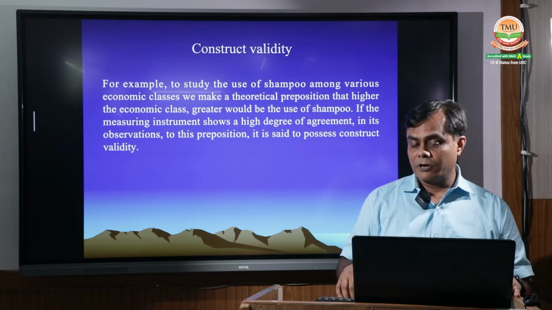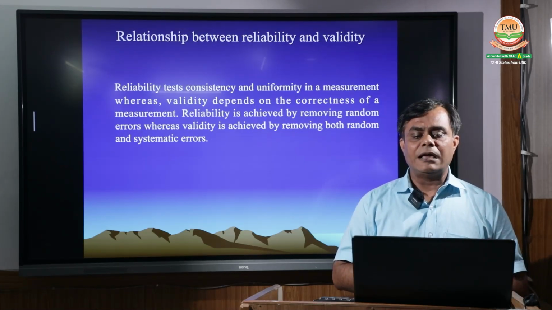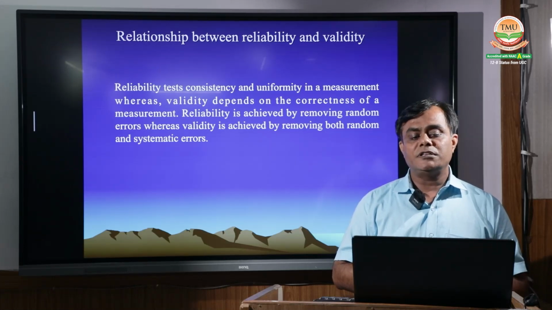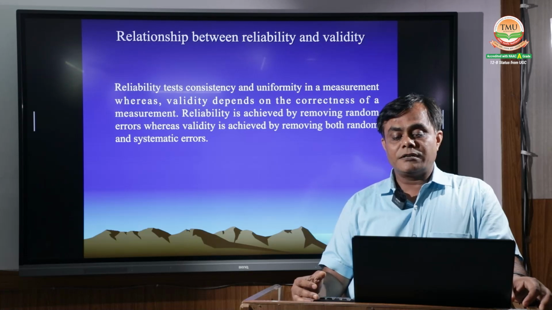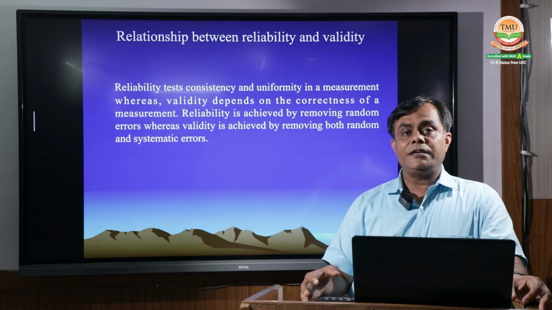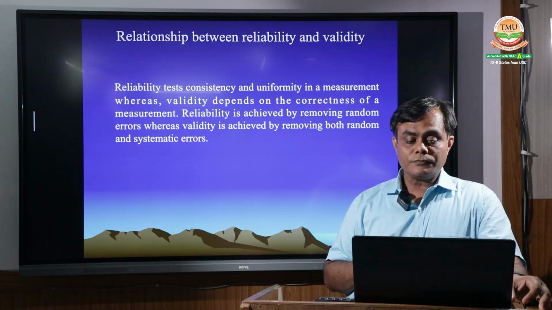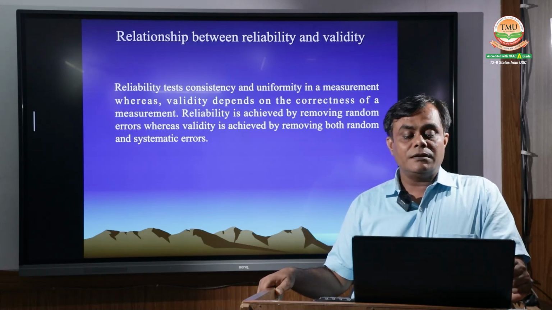Now, the relationship between reliability and validity. Reliability is consistency and uniformity in the measurement, whereas validity depends upon the correctness of the measurement. So reliability gives you uniformity in the test and validity gives you correctness in the measurement.